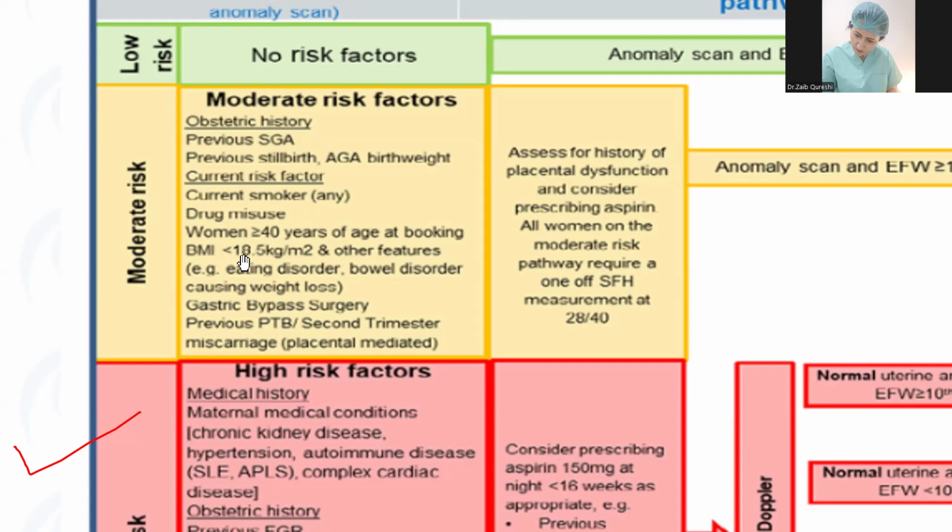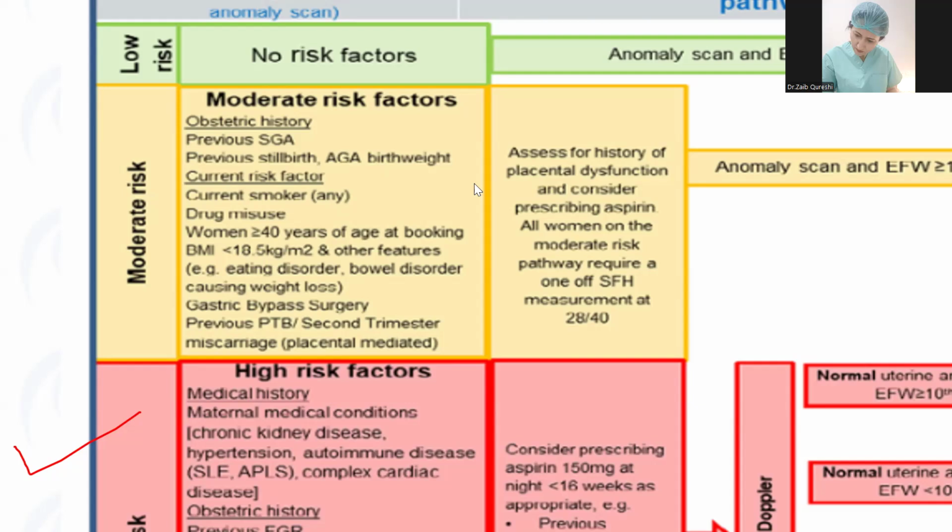Now they have just taken BMI of less than 18.5. I'm sure you all know what normal BMI is, what is obese and what is morbidly obese, underweight and all. So 19 to 24.5 is normal BMI. So less than 19 will be considered underweight. So now BMI less than 18.5.